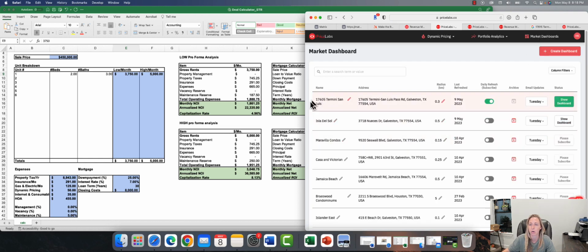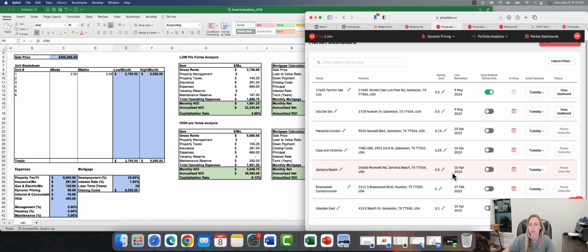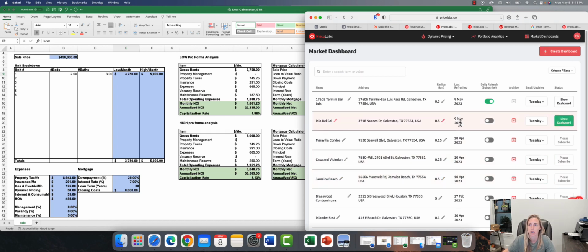I created one for 17605. They're $10 for every one of the addresses that you put in, but it's well worth it, and you can really deep dive into properties that are already being run as short-term rentals, and literally click into a property that's doing well.